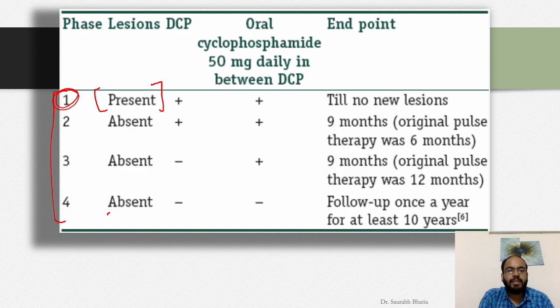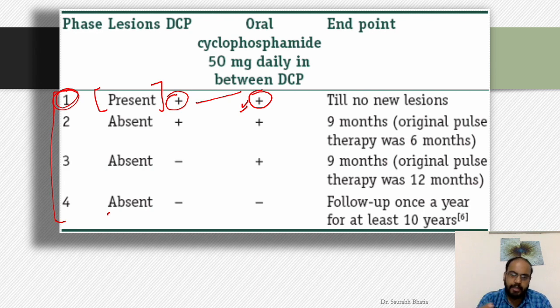In phase 1, DCP is given along with oral cyclophosphamide. Remember that using oral and IV leads to increased immunosuppression, and it's a good idea maybe not to give oral cyclophosphamide when IV DCP pulses are being given.